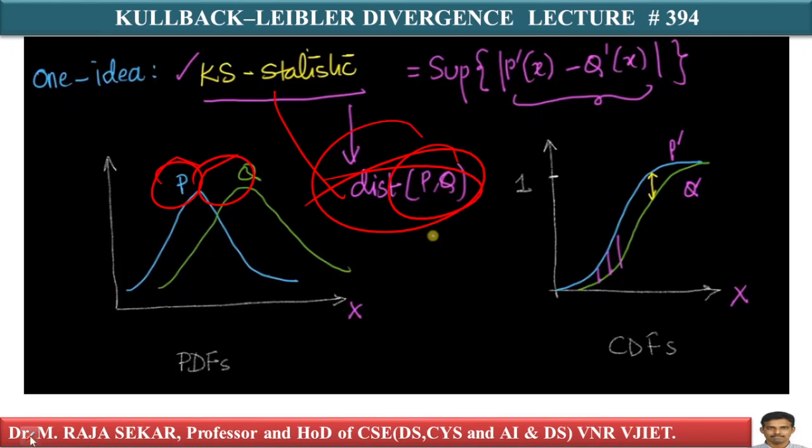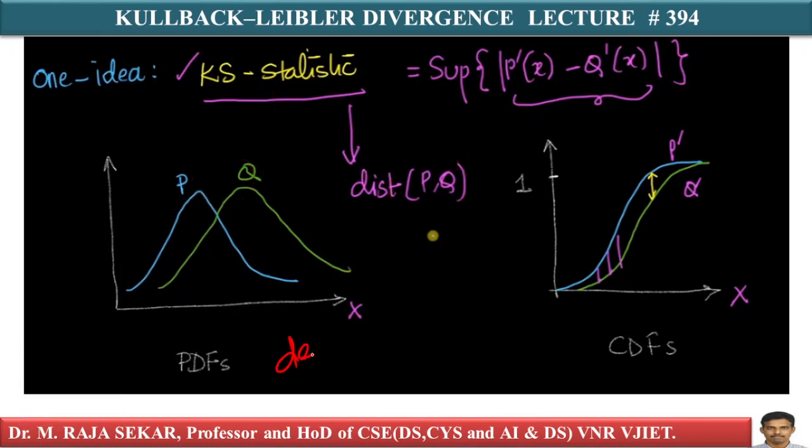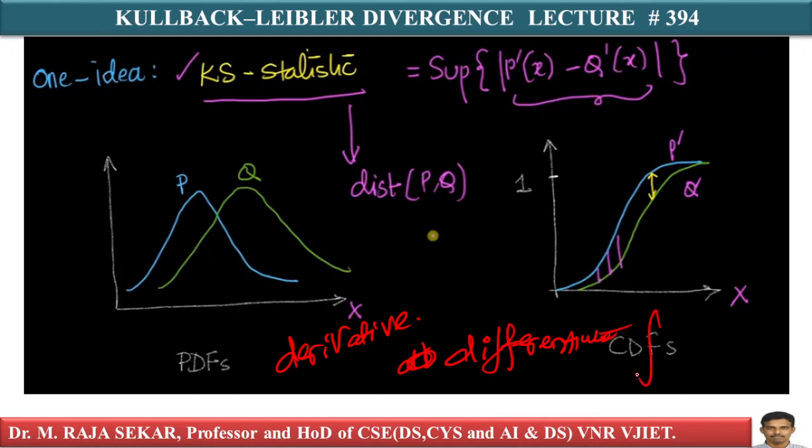I must be able to differentiate functions, isn't it? Imagine if my distance measure is K statistics, which is a supremum of P dash x minus Q dash x. Can I differentiate this function?